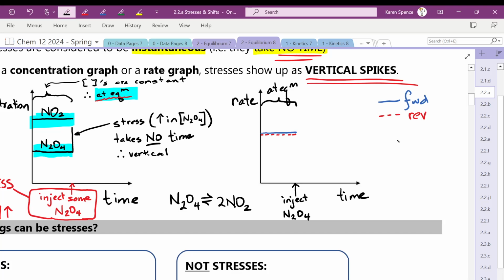Okay, so in that instant, the concentration of N2O4 increases. So what happens to the forward rate? The forward rate increases. So what that's going to look like, remember, this is a stress. And any change that is due to the stress takes how much time? No time. So the forward rate is going to increase.